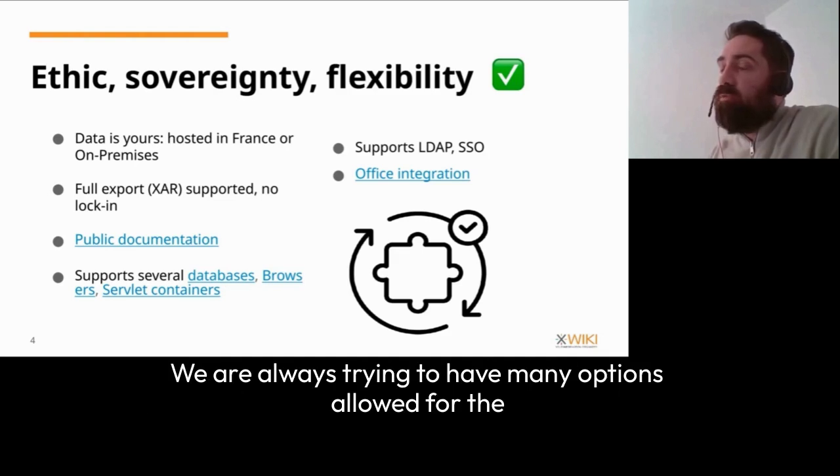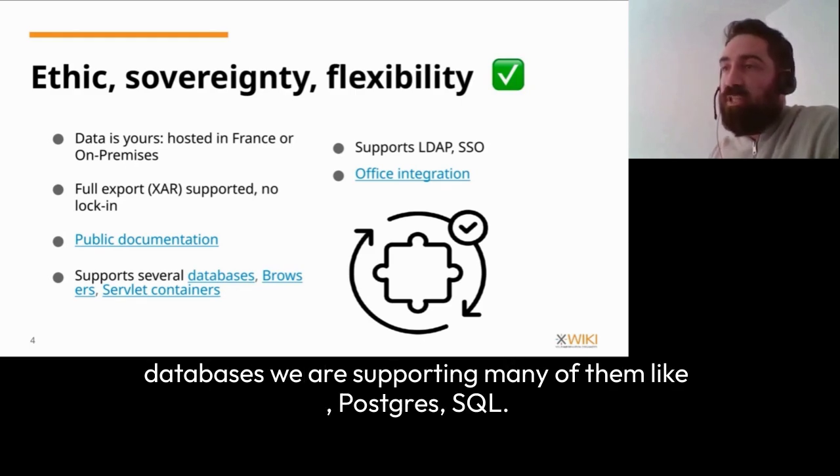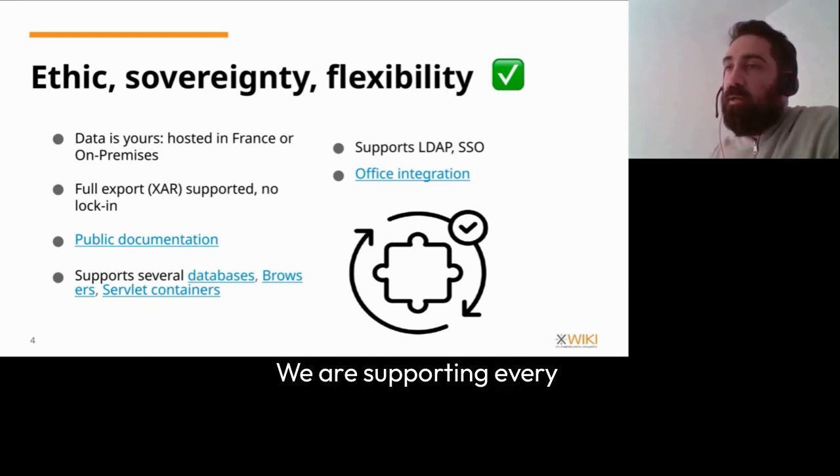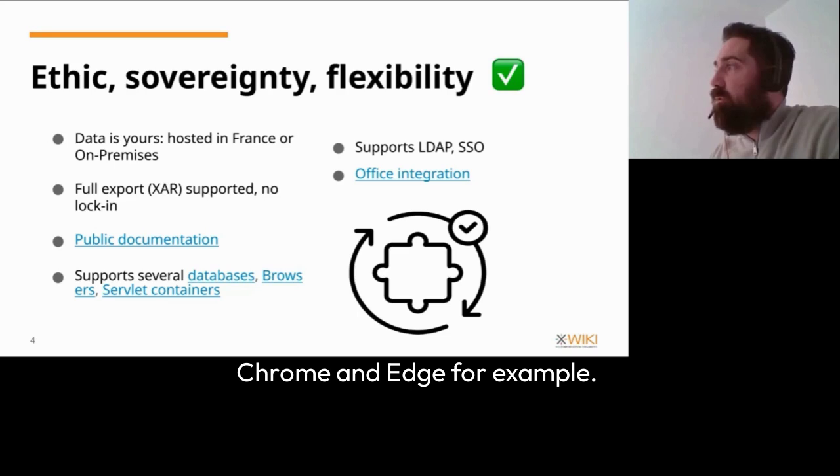We are always trying to have many options for the installation itself, meaning we are not relying on a single tool. For example, for databases, we are supporting many of them like MariaDB, PostgreSQL. We are supporting every latest browser's release, so mostly Firefox, Chrome, and Edge, for example.